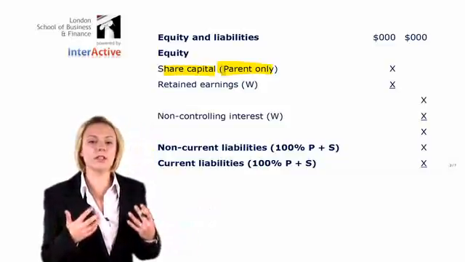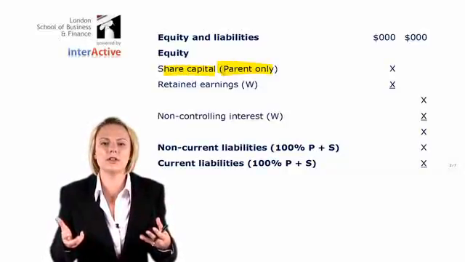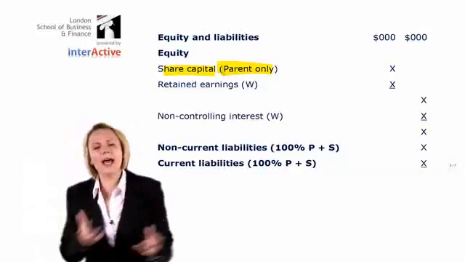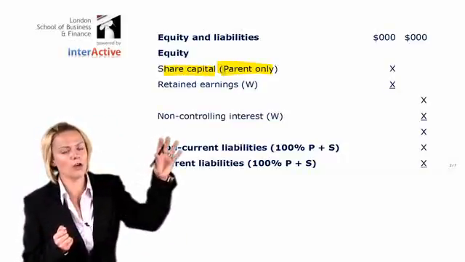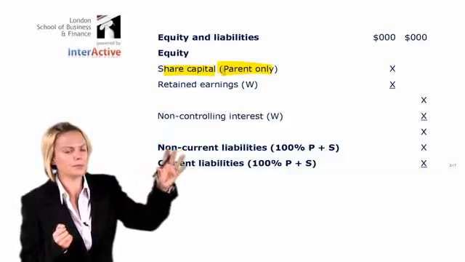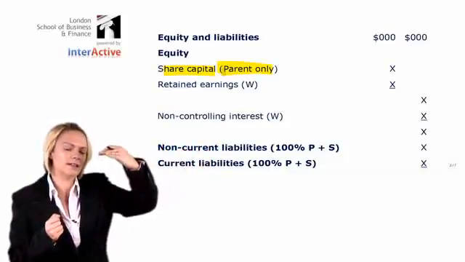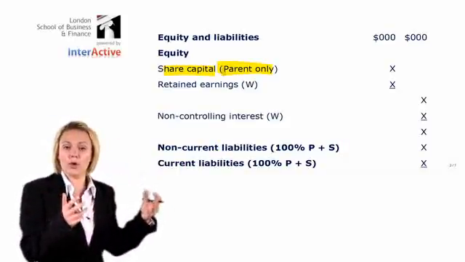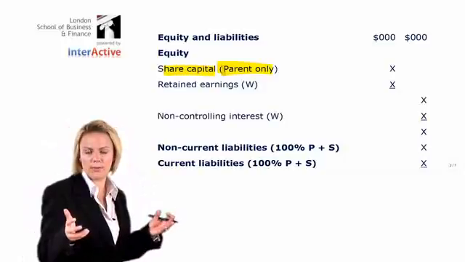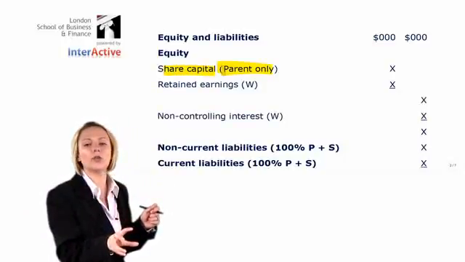Well, it's going to be prepared for the parent shareholders. Do you remember we said that the parent company's own financial statements will just show 100 million cost of investment? We need to tell the parent shareholders what their money that they have invested into the business has bought them. And it's bought them a controlling interest in the sub. So group accounts are prepared for the parent shareholders.